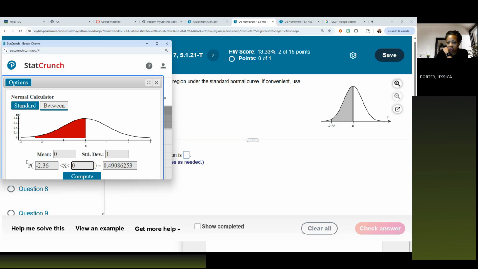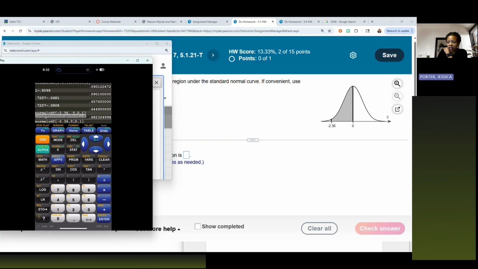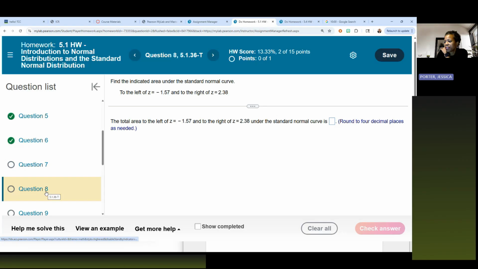In the calculator, when I did this the first time, I put 0.5 in here instead of 0 because I knew 0.5 was the area in the middle. So we hit enter here, and 0.4909. That is correct.